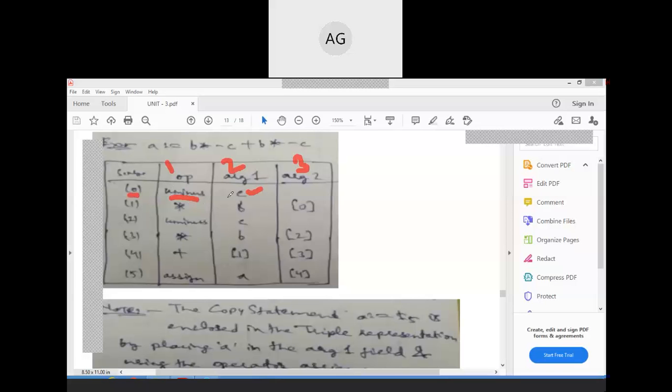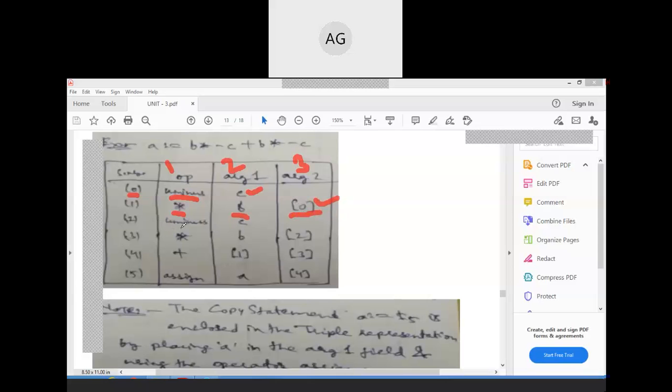Now the second statement has the operator into, and the first operand, which is on the left of into, is b, and the right argument is the value stored in the zeroth statement. So we can write this instead of temporaries, in the bracket, like in the zeroth statement.